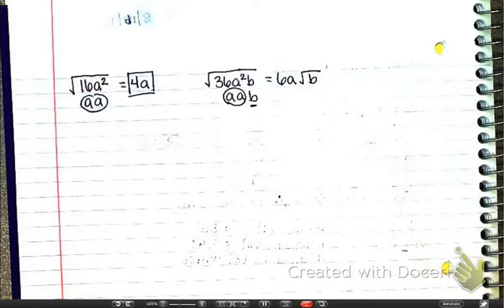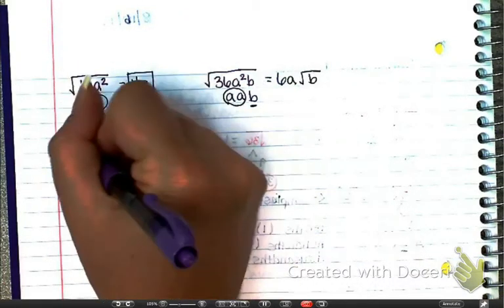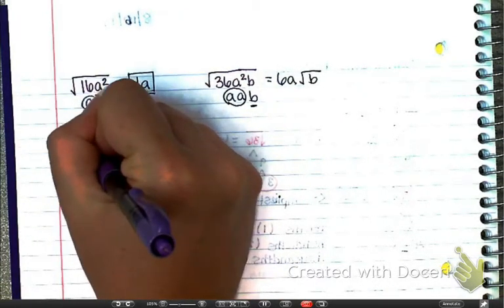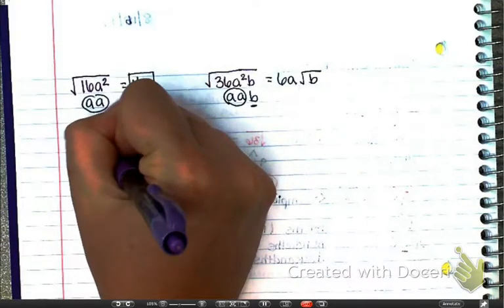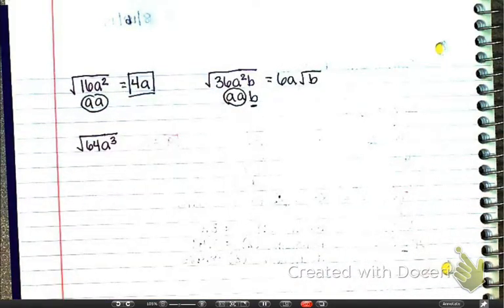Okay, so I want you to try this one. We'll keep it simple. So I'd like you to take the square root of 64a to the 3rd.